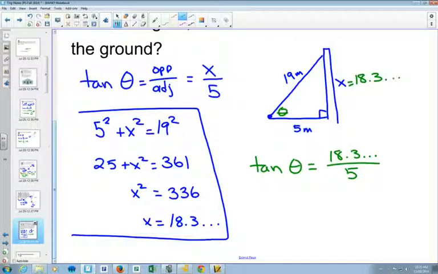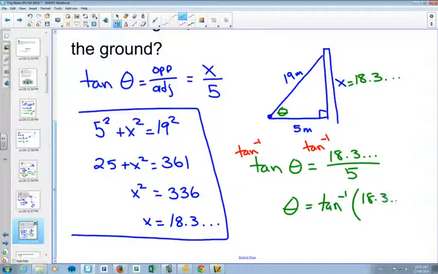If I want to find just theta, I have to get rid of the tan. The opposite of tan is doing tan inverse. Again, tan inverse just means opposite of tan. And I would type this into my calculator.